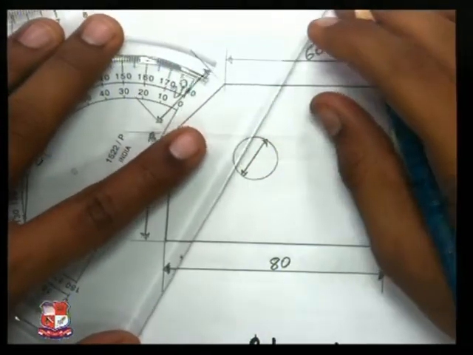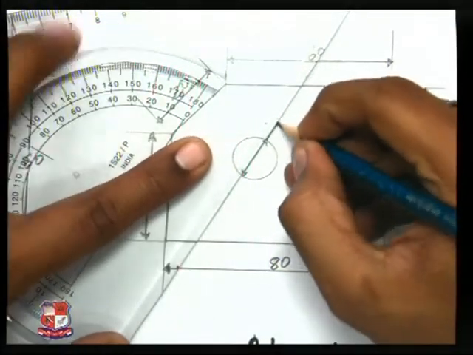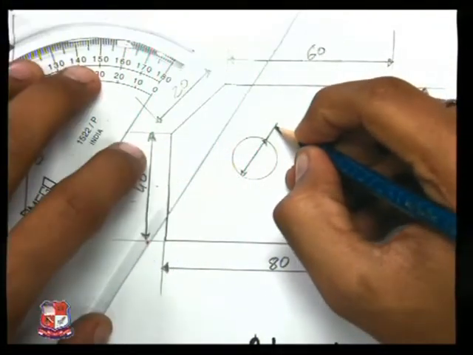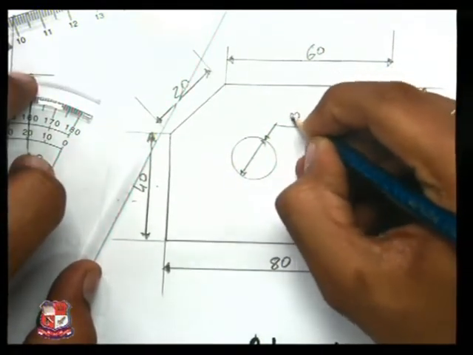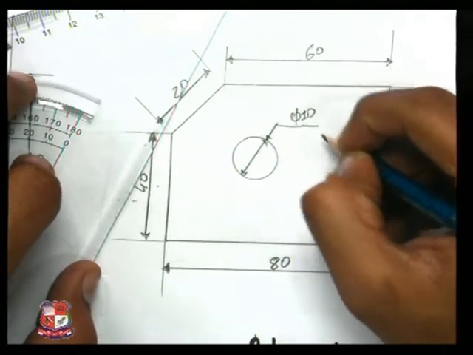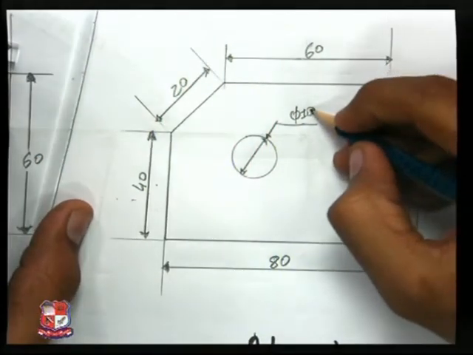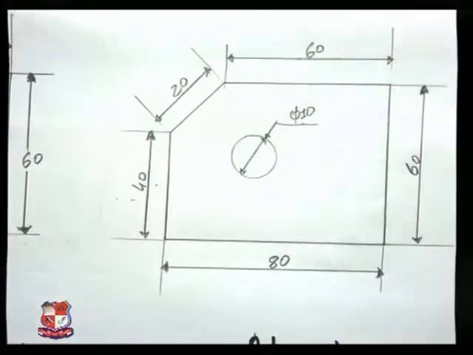Again, it's the same manner, but the difference is over here. Dimension is written on the extension line.